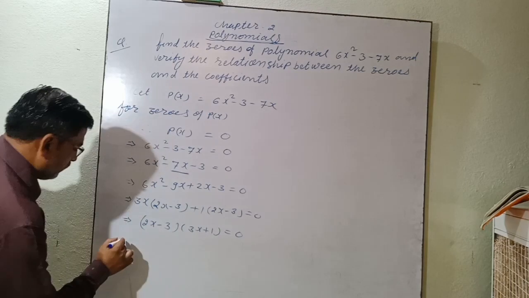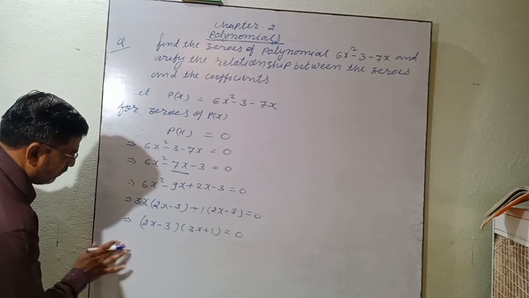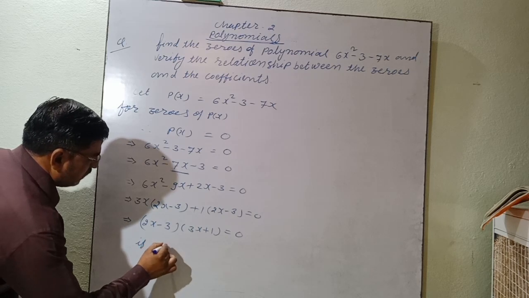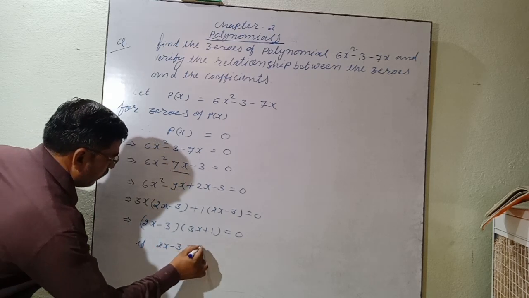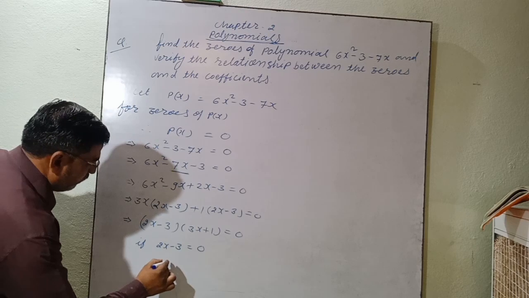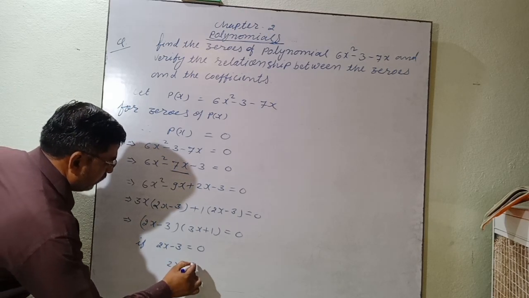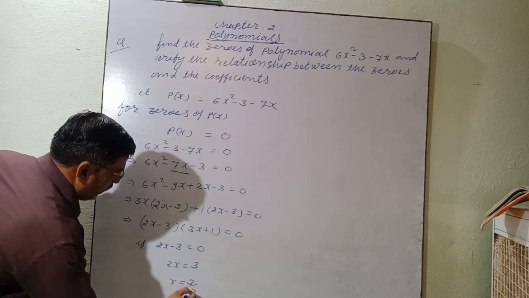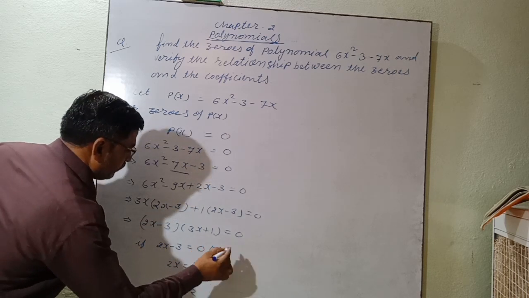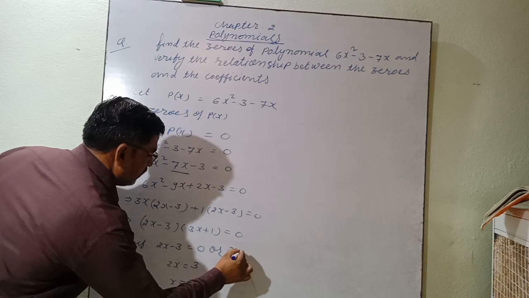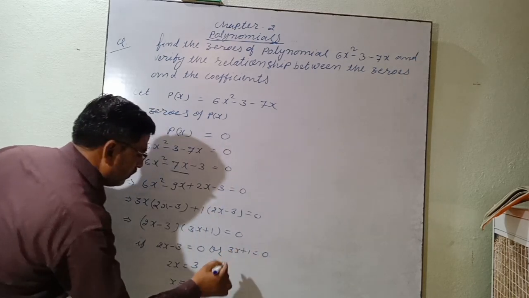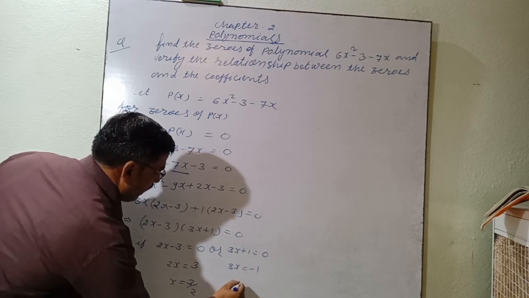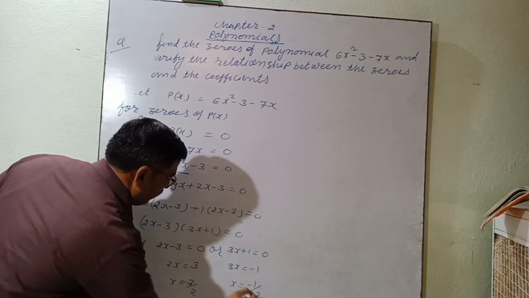The polynomial p(x) will be 0 if 2x minus 3 equal to 0 or 3x plus 1 equal to 0. So if 2x minus 3 equal to 0, then 2x equal to 3 and x equal to 3 upon 2, or 3x plus 1 equal to 0, then 3x equal to minus 1 and x equal to minus 1 upon 3.